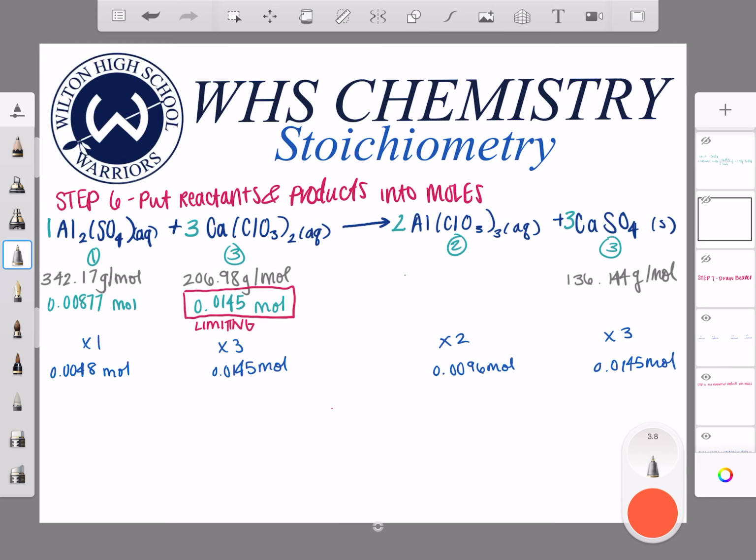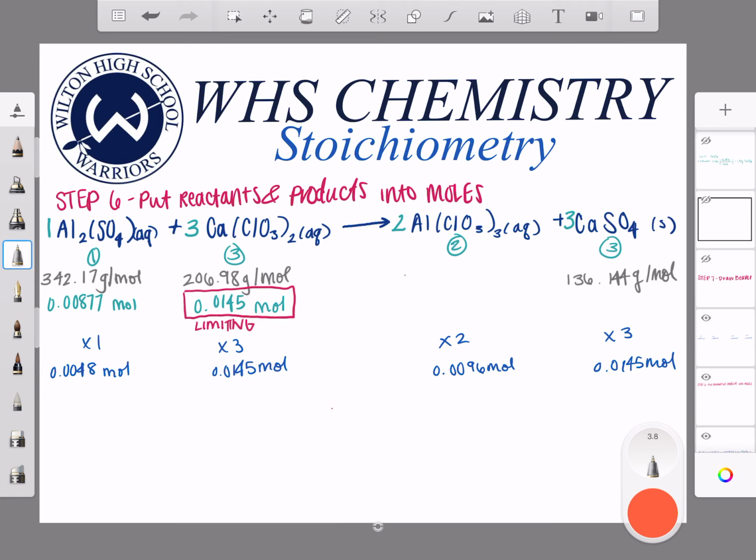We know that our limiting reactant is calcium chlorate, and that number of moles of calcium chlorate is 0.0145 moles. Based on that number and the fact that the limiting reactant drives the entire reaction, we can put all the reactants and products into moles based off of that limiting reactant.